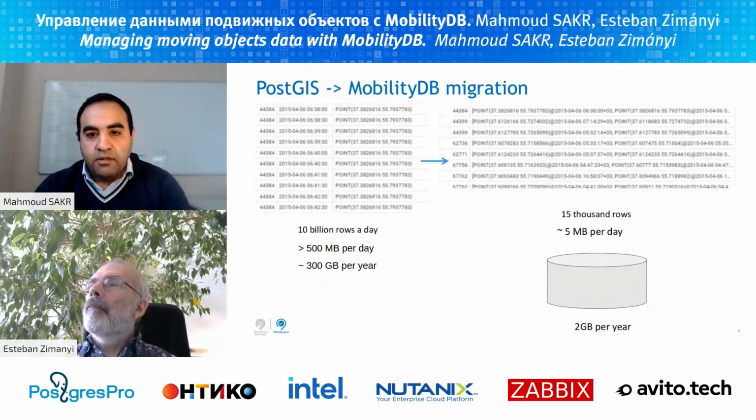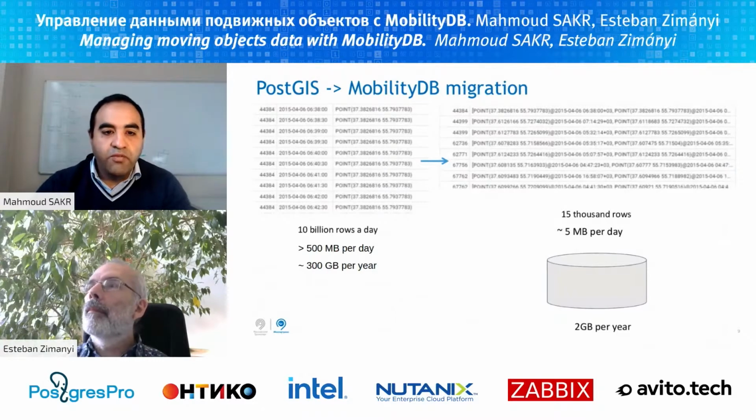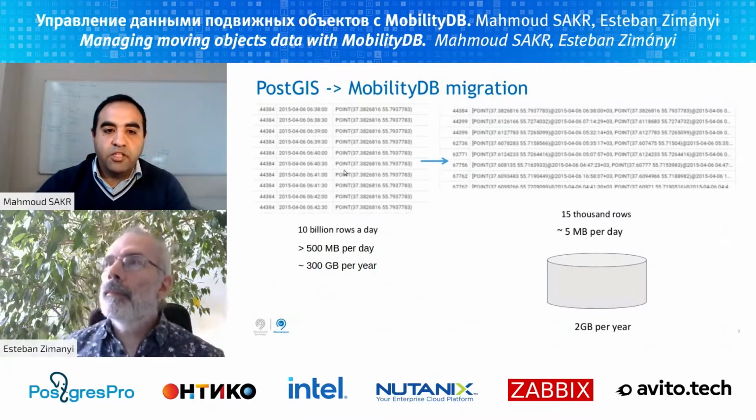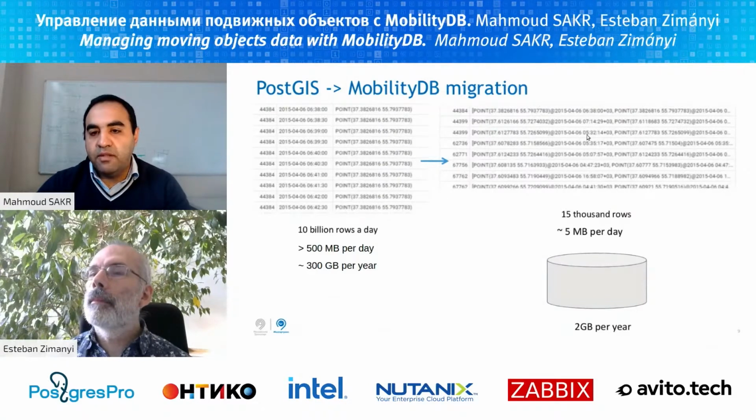This is a nice example we always like to tell, especially at PGConf Russia, because it comes from Russia. So this was presented by Nina 2 years ago at the PostgreSQL conference, where a use case was presented for the Moscow public transport, moving from the point-based representation, where you have a point and a timestamp to the left, to the MobilityDB representation, where every row is a complete trajectory.